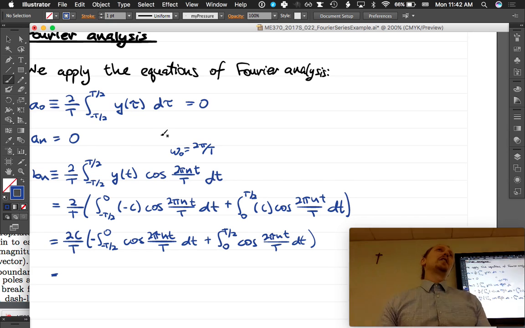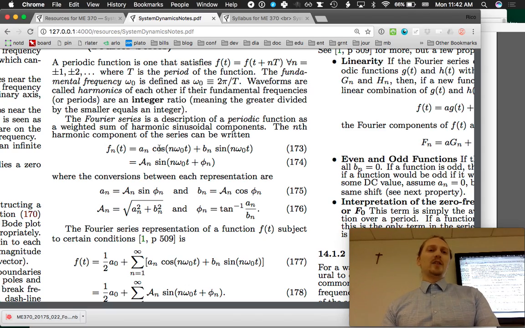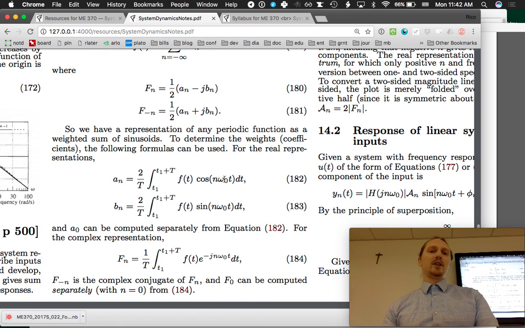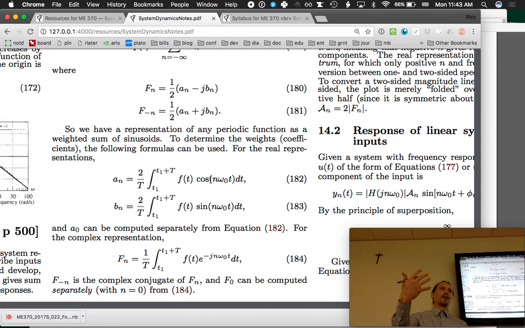The An terms always have the cosines in them. So if we go back to here, the An terms have the cosines in them. The Bn's have the sines. Since the cosines are even functions and we have an odd function, all the even ones are going to be 0.